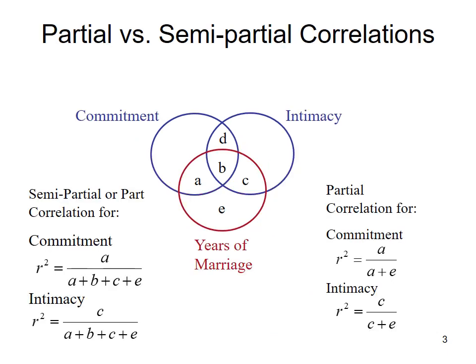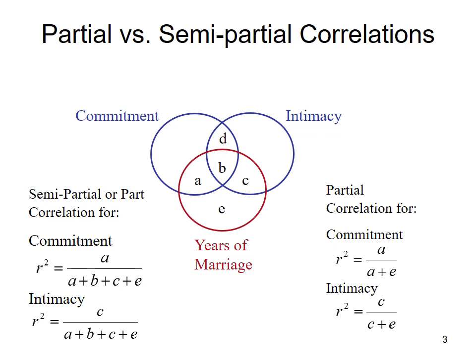So if we're wanting to talk about the types of variance that's being explained, we can talk about it in two different ways. And the best way to look at it is to continue with this example with our lettered boxes. What we're basically looking at here is either a semi-partial or part correlation or a partial correlation. I'm going to start on the right here with the partial correlation.